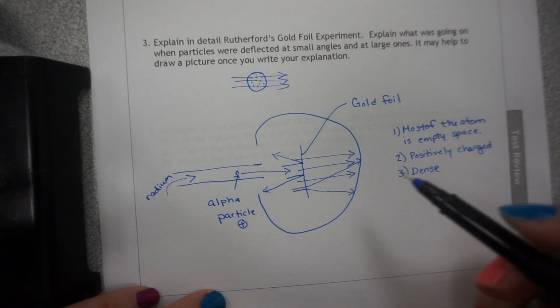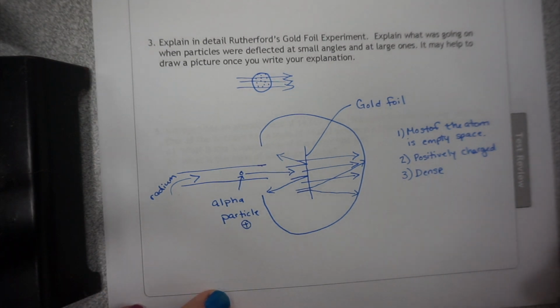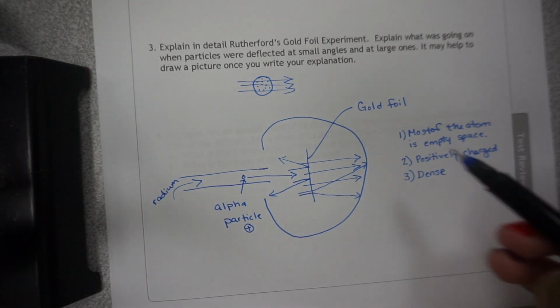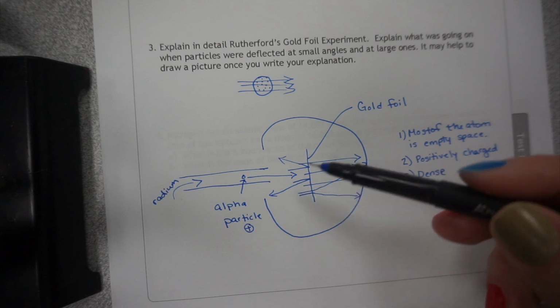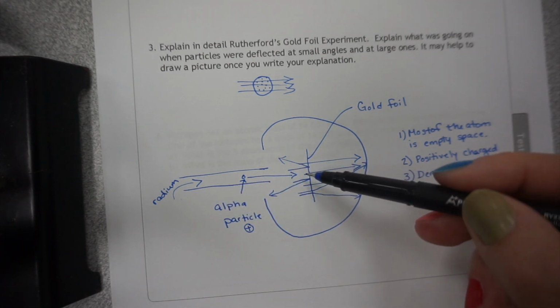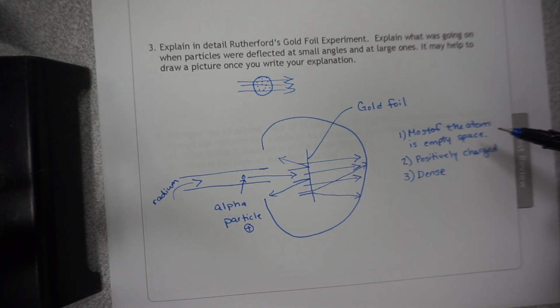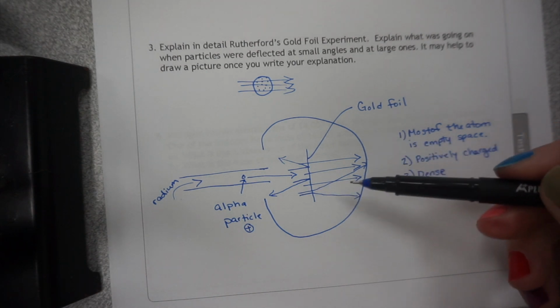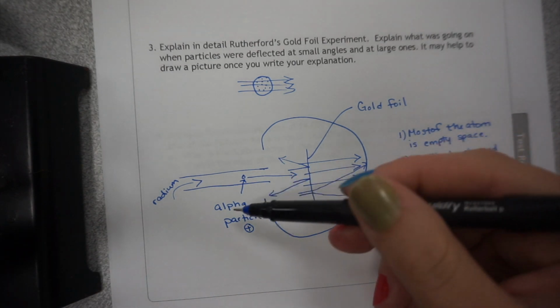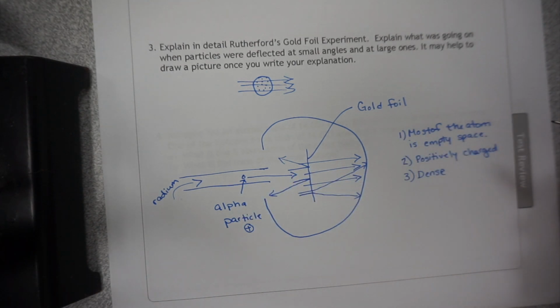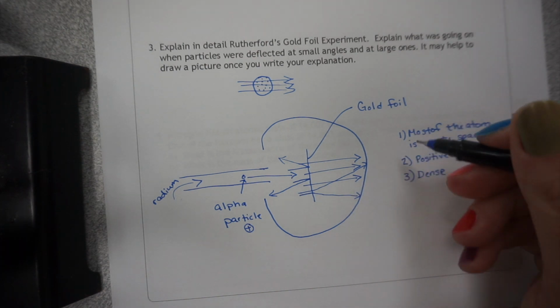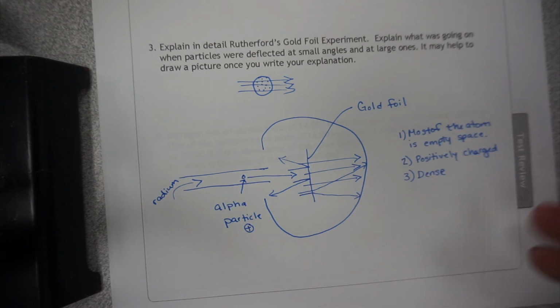So can you guys see? Yeah. Okay. So basically, in this gold foil experiment, he just shot a bunch of alpha particles. Most went through, so he said most of the atom's empty space. Some were kind of curved, and since positive will repel a positive charge, he said that there was a positively charged thing inside.